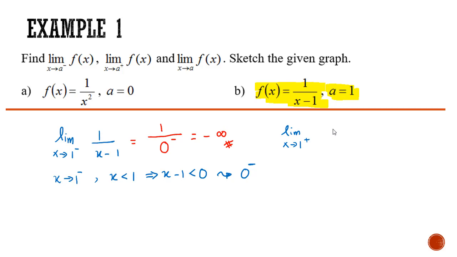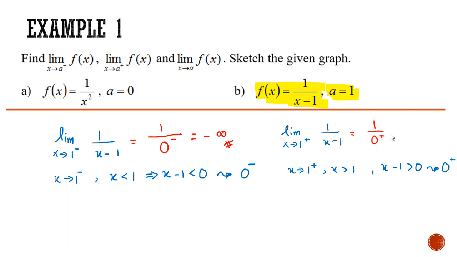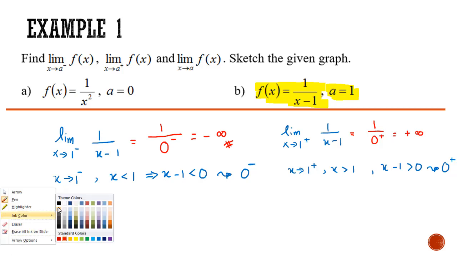When we approach 1 from the right, it means x is greater than 1, so the denominator is 0 plus, with the ratio being positive infinity.